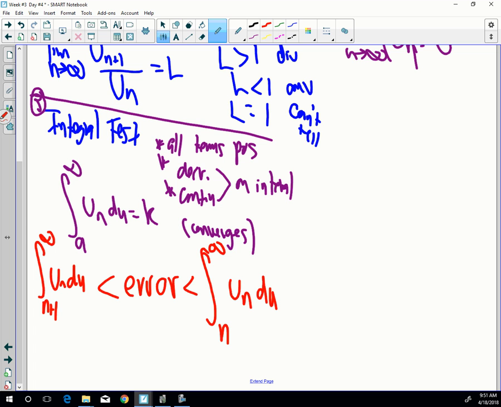It's going to be between those 2. For the alternating series, the error is just going to be less than the next term. I love that. Oh, do I ever like that. Simple.